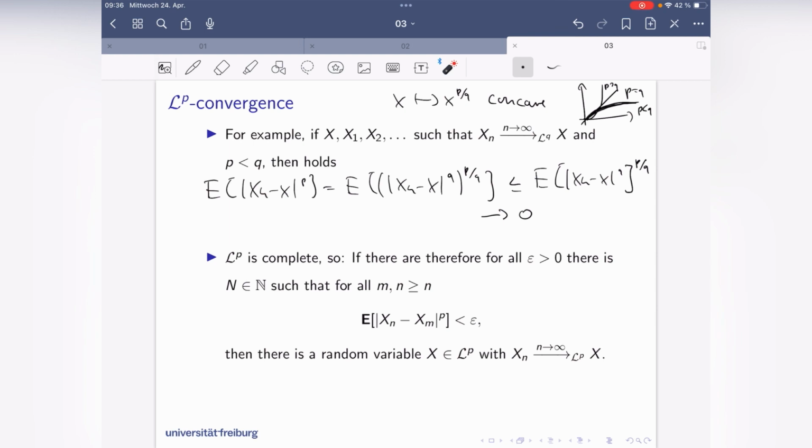Remember what is complete? Complete means that all Cauchy sequences converge. And I will rely here on your knowledge from measure theory, just give you what it means.